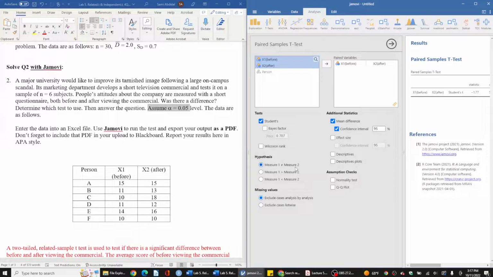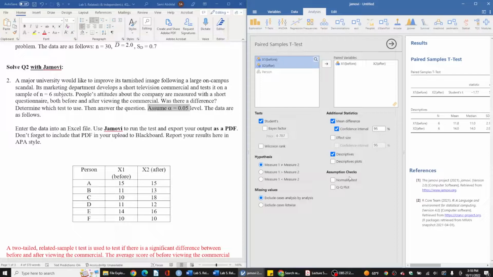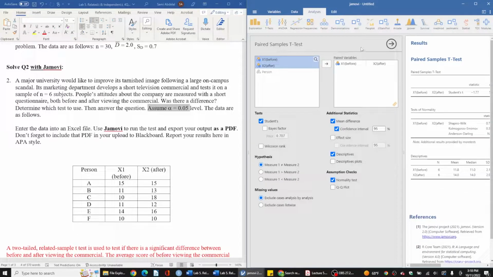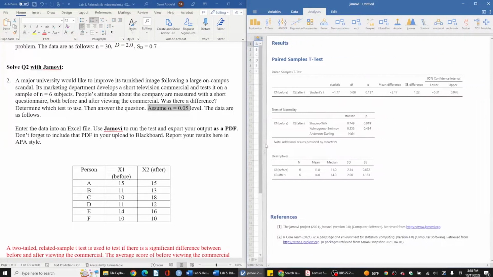This is going to be bidirectional, so again, we're just trying to see if there's a difference between before viewing the commercial and after viewing the commercial. So we're not predicting a direction in this relationship. So let's also go ahead and check off descriptives because we'll need that for our response. And if you want to get fancy, you can check out normality, and even the QQ plot if you really wanted to see how the data maps onto a graph.